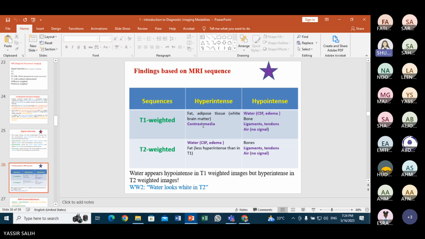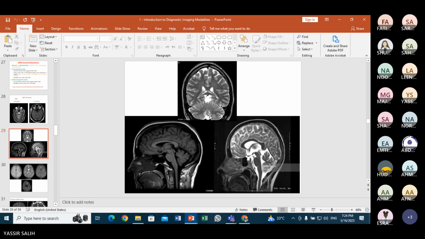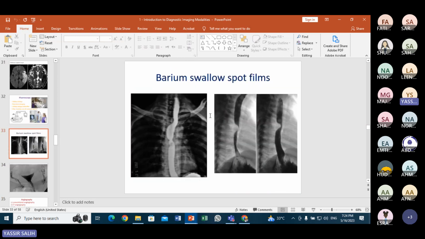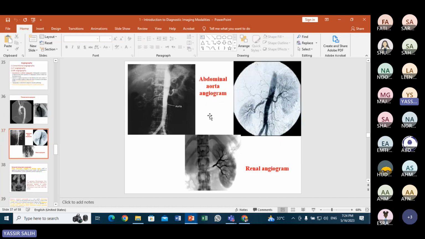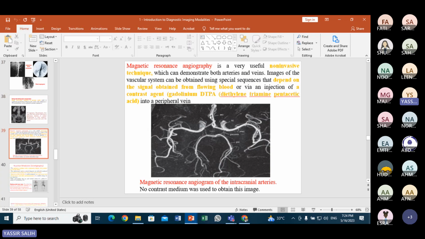There is no contrast with T2. Yes, the contrast is given in T1 only, so the appearance of contrast in T1 is hyperintense. So you have to know the different intensities of these structures or materials on MRI T1 and T2.